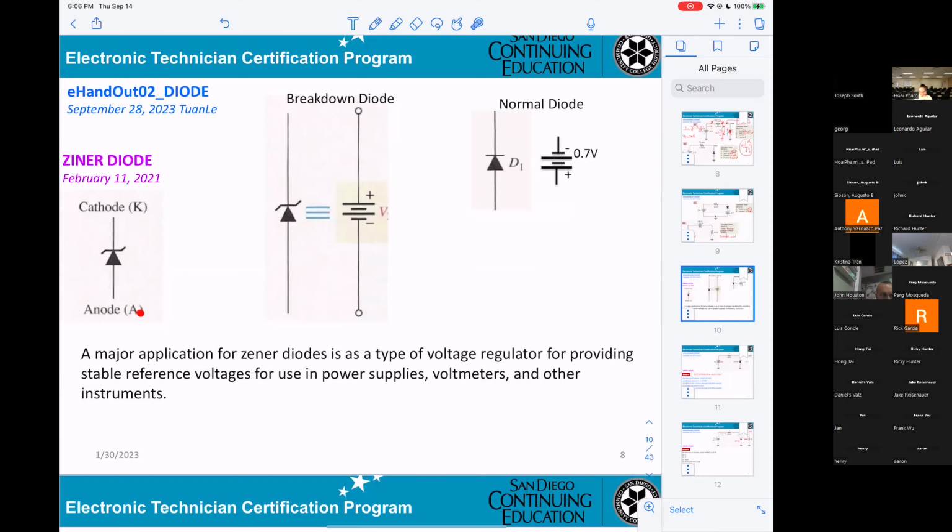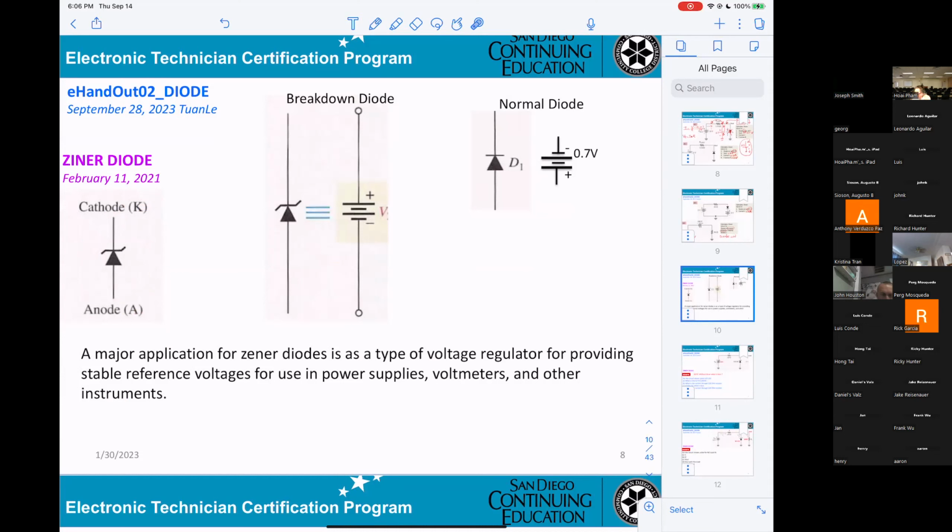This side is the anode and this side is the cathode, A here, C here. When you look at the schematic, you need to recognize this is a Zener diode. Okay, let's see what happens.